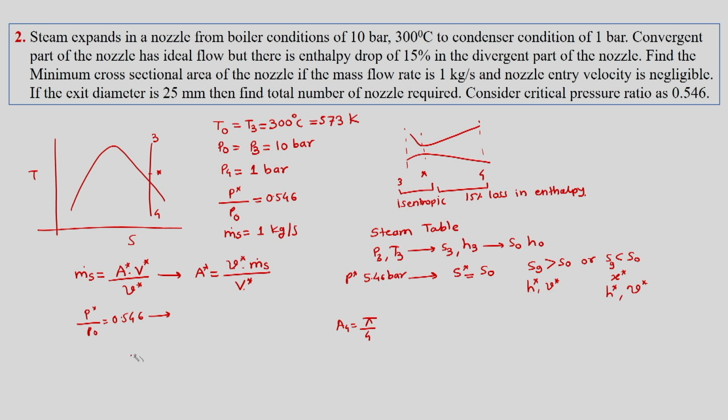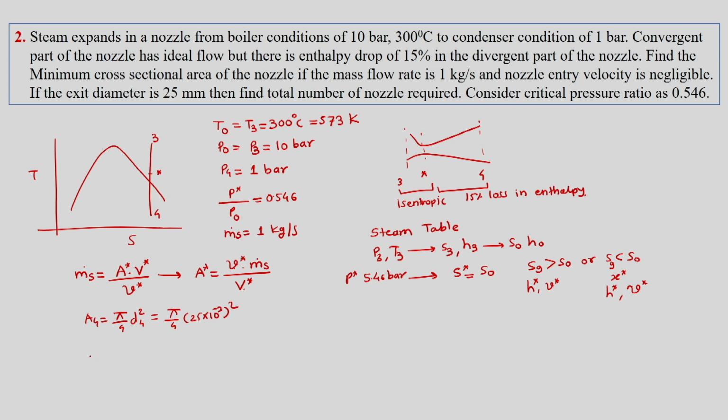For this we have to find out the mass flow rate through one nozzle, and then we will divide the total mass flow rate by this to find the number of nozzles. So first, A4 is pi by 4 d square, and d4 is given as 25 mm. So we can find out A4.